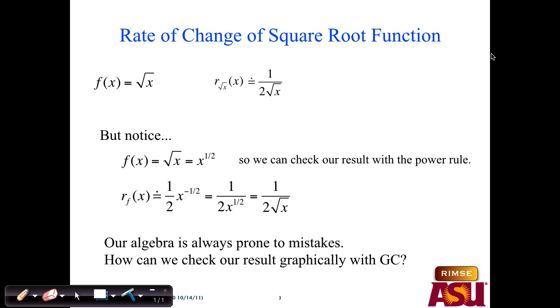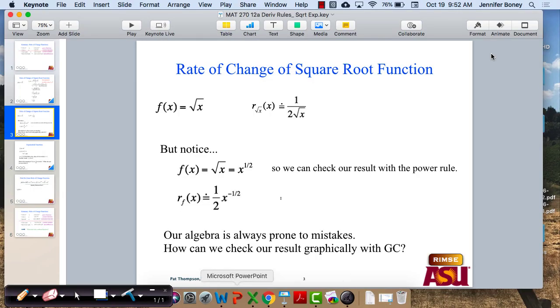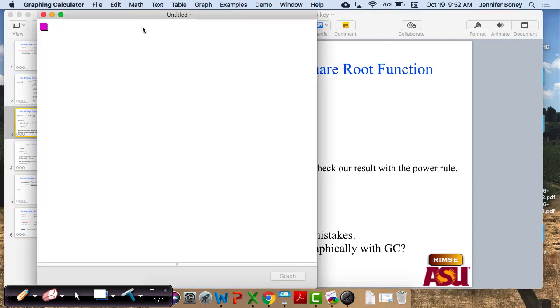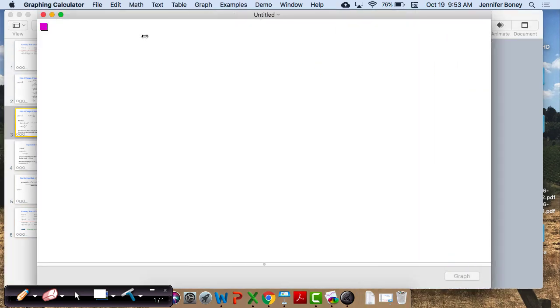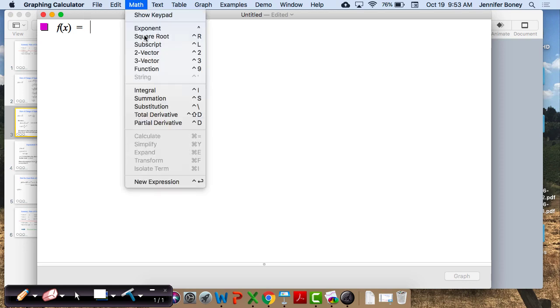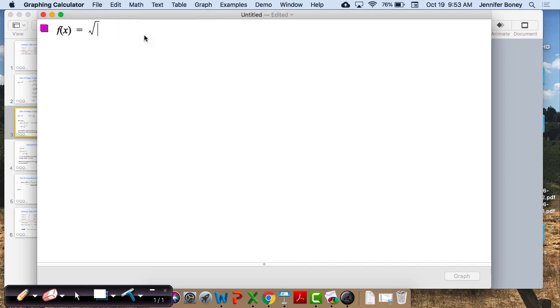But to check graphically with GC that we've done this right, let's see, where's my GC? Here we go. So just as a quick example of this, I define the function that I want, f of x is square root of x. Let's see, math, it's not giving me a root sign.